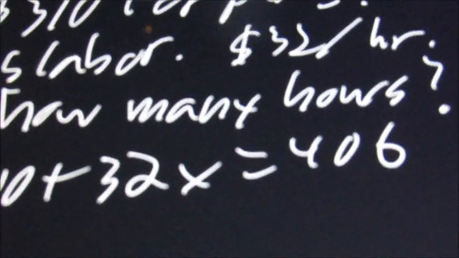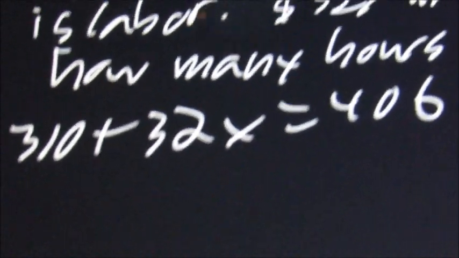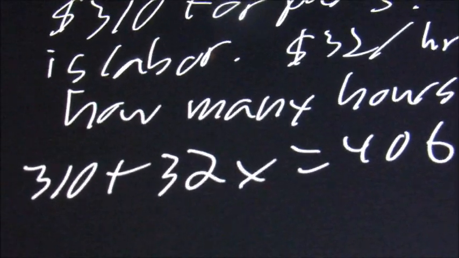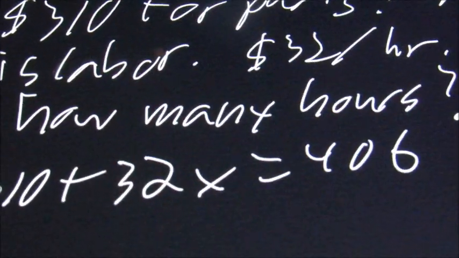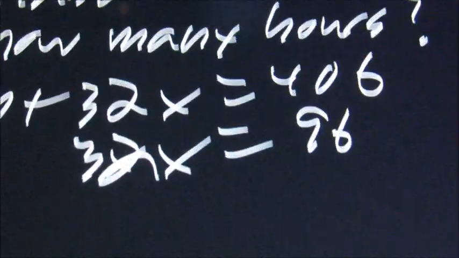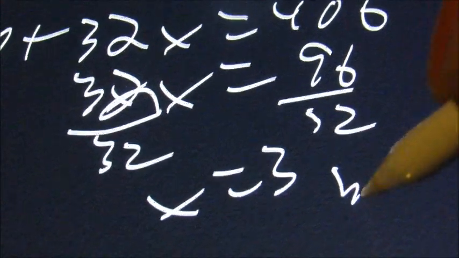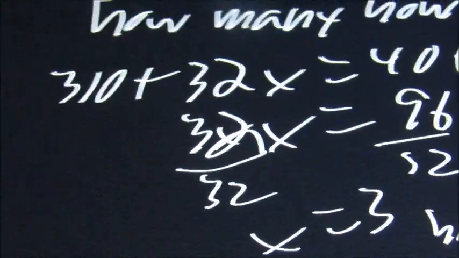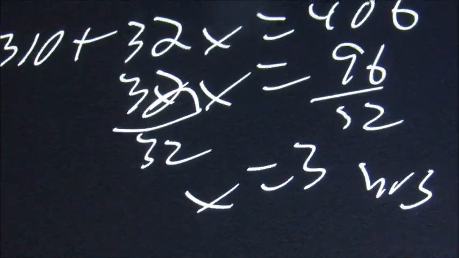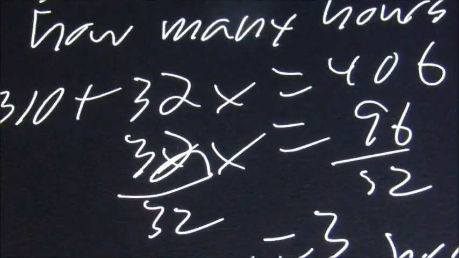This one also isn't going to give a fraction or a decimal, but there are questions like this. So subtract the 310, and we get 32x equals 96. Divide both sides by 32, and we get x is 3 hours. We had a question like this in the previous chapter, but there are review ones like this again here.